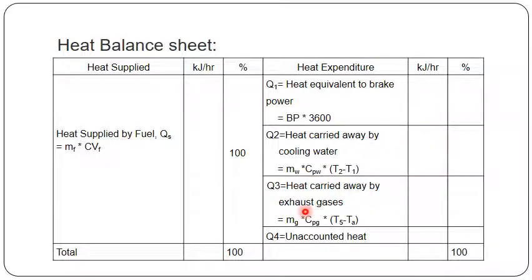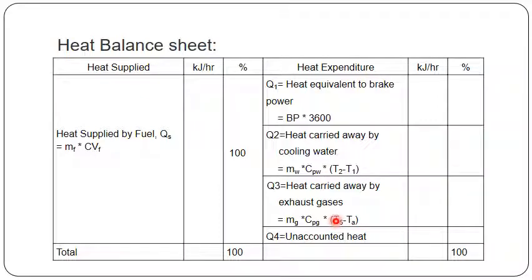Next is the heat carried away by the exhaust gases. Here, the value of mg can be easily calculated if you know the mass of air and mass of fuel at that load. Just using mass balance, you can get the mass of gases formed. T5 is measured, and Ta, the atmospheric temperature, can be measured.